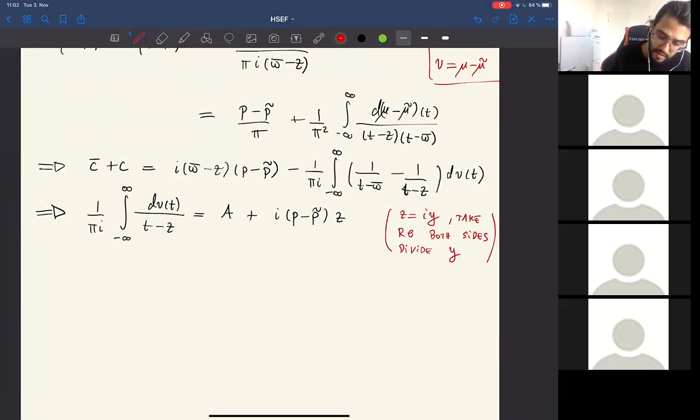If you do that, what you get in the end is that this part here will go to 0, but this I think is problem 4. And this guy will also converge to 0. And this guy will converge to p minus p tilde, or maybe p tilde minus p. Anyway, p tilde minus p has to be 0. So this would imply, if you do this procedure, that p equals p tilde.